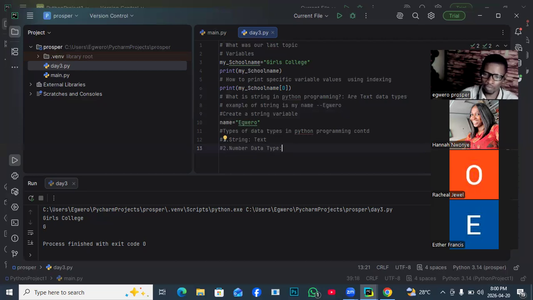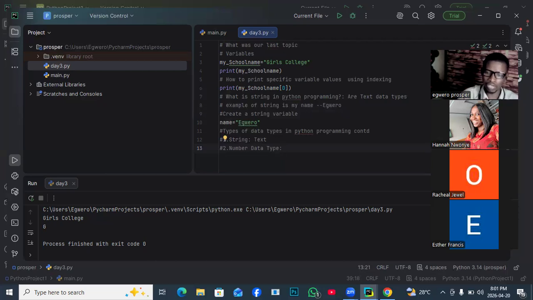Almost all of them are already built into the program. Are we together? Let me get a response from at least one person, just to be sure that we are following. Yes, sir. Okay. So right now, our focus is on understanding Python primitive or basic data types. When we are done treating the basic, we will go into the advanced.